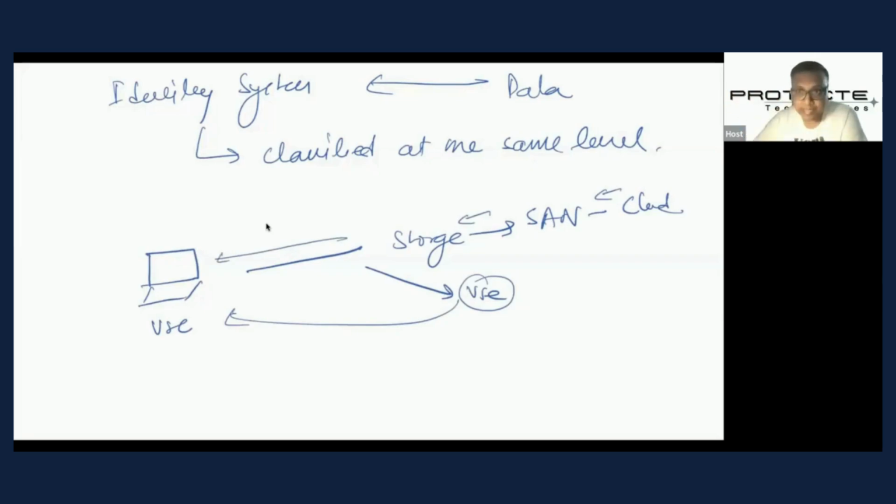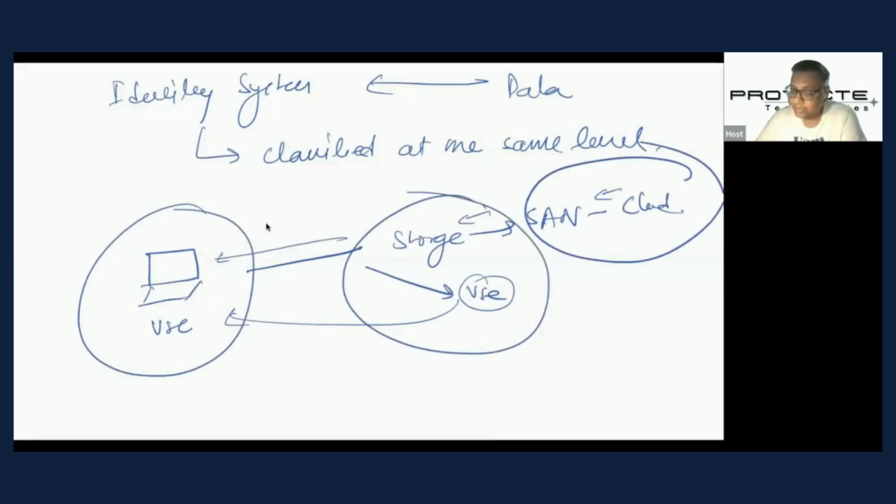So you have to identify the cycle and understand the system, what kind of control at what kind of level. So controls at use will be different, controls at storage will be different, controls in the cloud would be different, but all driven by your classification and your identification process which you did earlier.